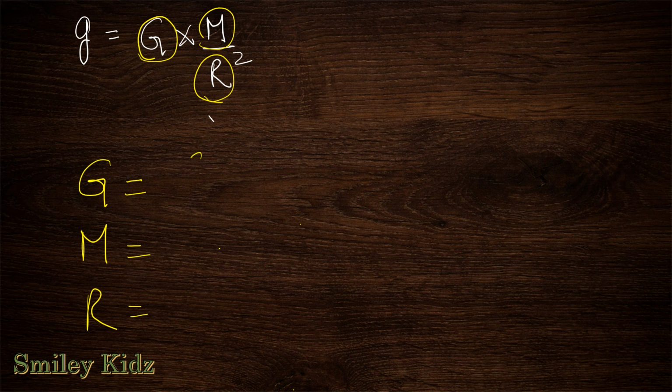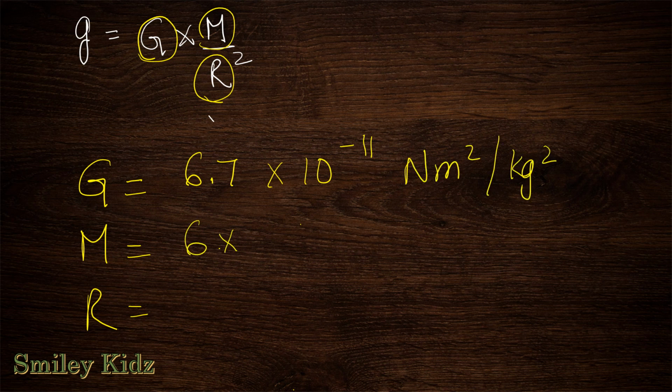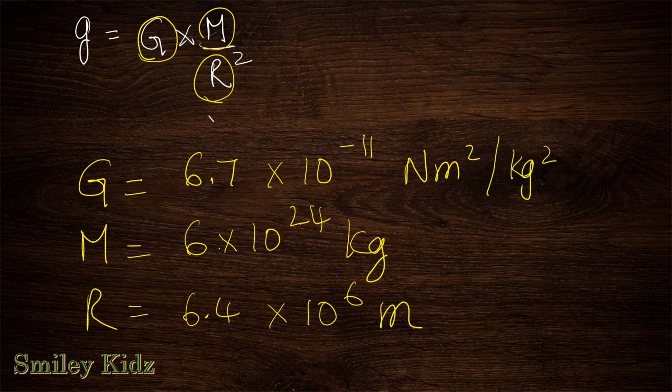G is 6.7 into 10 to the power of minus 11 Newton meter square per kg square, followed by the mass of the earth, 6 into 10 to the power of 24 kgs, followed by the radius, 6.4 into 10 to the power of 6 meters. So using these three values, we're going to calculate the acceleration due to gravity on earth.